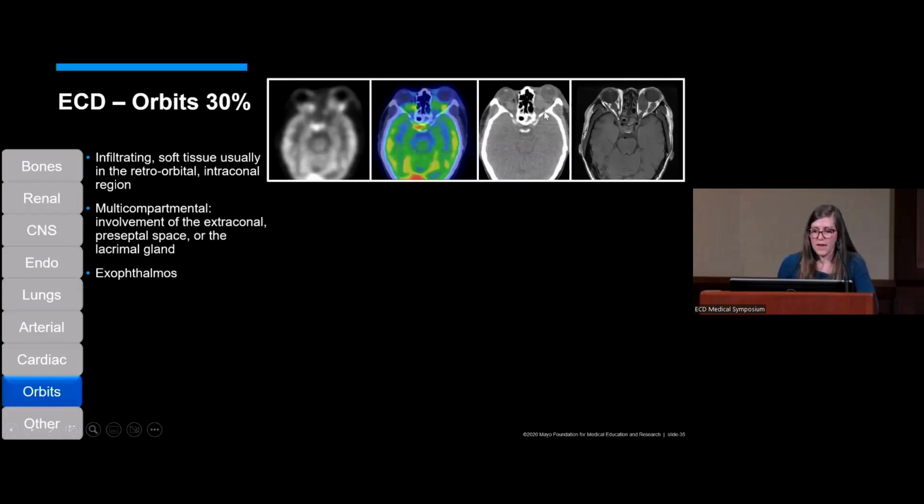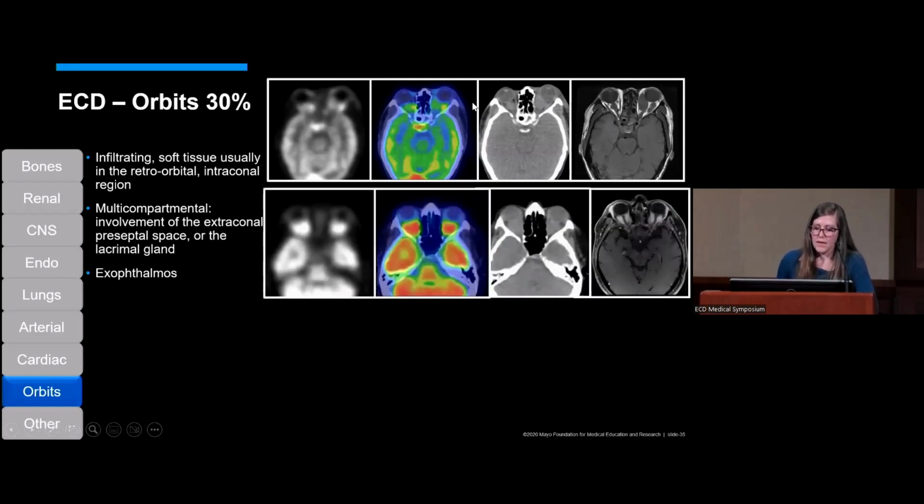So it's really helpful to pay close attention to the CT images where you can see all this abnormal soft tissue. But if there's a dedicated MRI, that's always more helpful for us to compare to the PET CT. Here's a few other examples that are more prominent where you have intense FDG uptake.